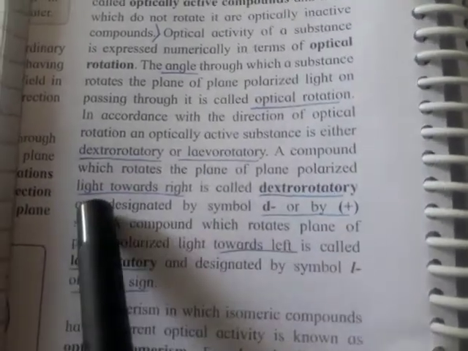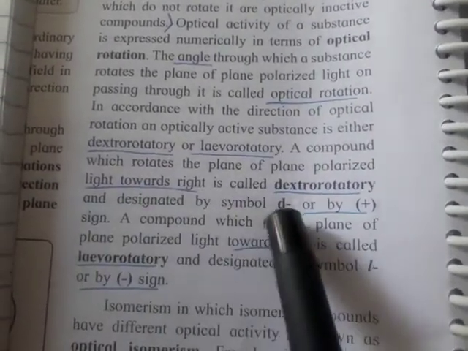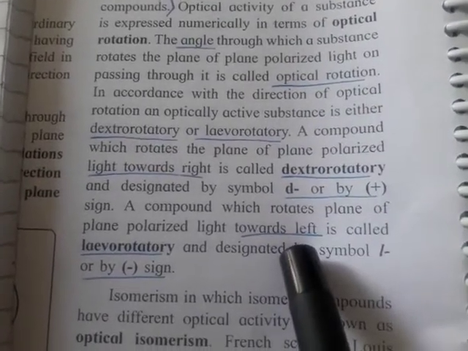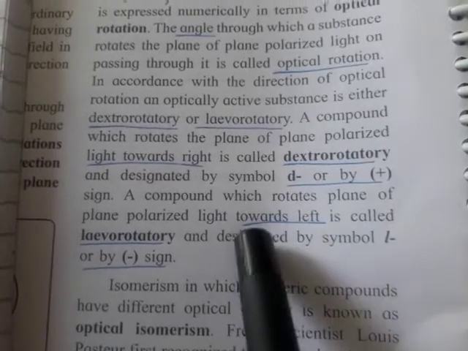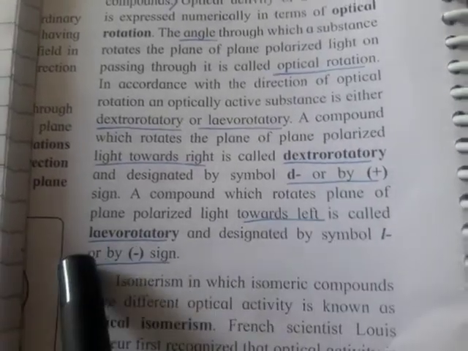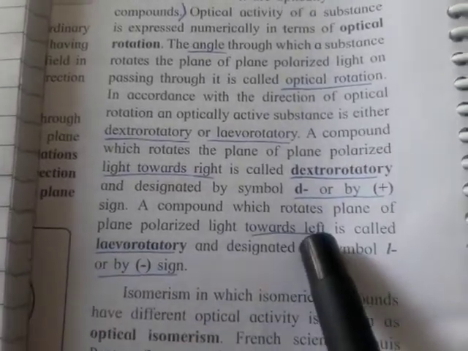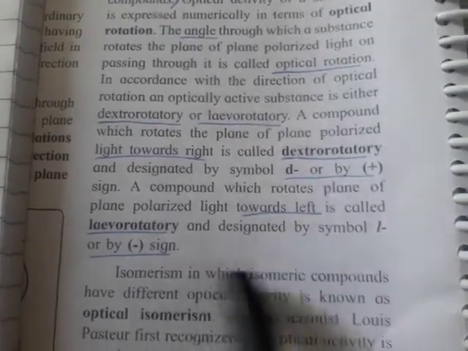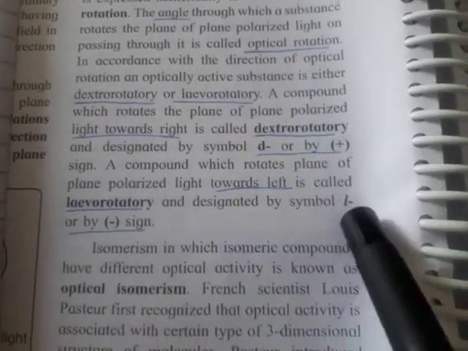Dextrorotatory rotates the light towards the right, denoted as small d and a plus sign, and levorotatory rotates the plane towards the left. Levo starts with L, shifts the plane towards the left, okay, denoted as a minus sign or L.